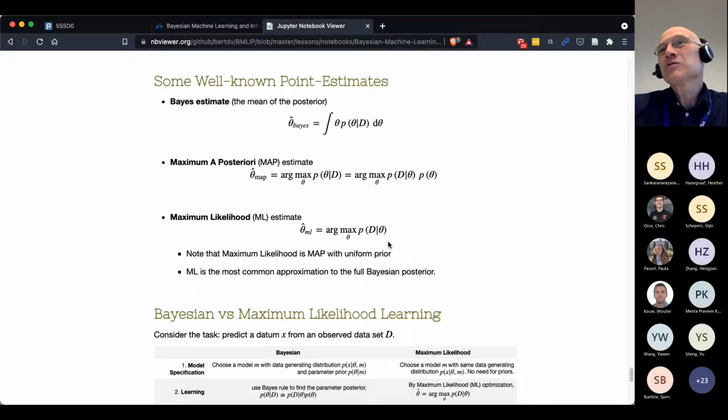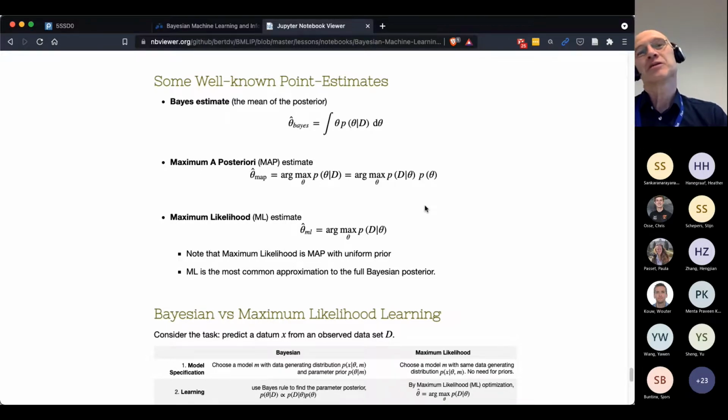Now, we also talked about that if you have a lot of data, then the prior becomes less and less important. So it's true that if you have a really large data set, the difference between a maximum a posteriori estimate and a maximum likelihood estimate disappears, right? They become sort of the same. And also the Bayesian posterior becomes more and more a peaked function.